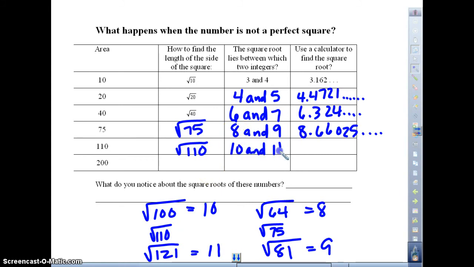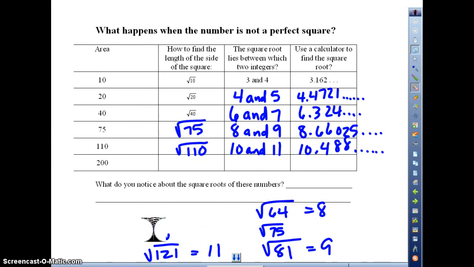I'm going to punch it in my calculator. Square root of 110 is 10.48808848, and the number never does what? That's right. It never terminates and it never repeats.